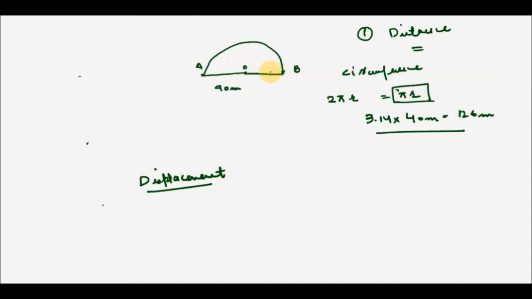That will be the length of the straight line, and that is equal to the diameter of a semicircle, which in turn will be equal to 2r, which will be equal to 80 meters. So 80 meters is the displacement between A and B, right?